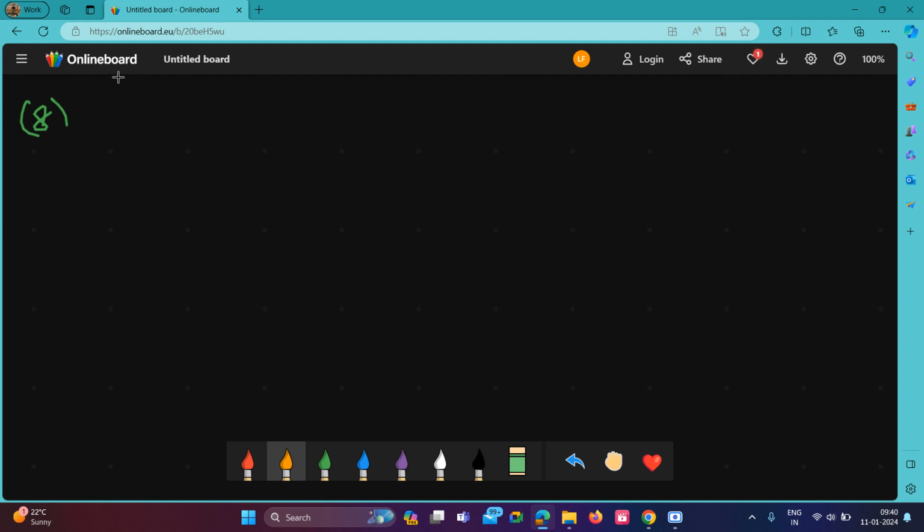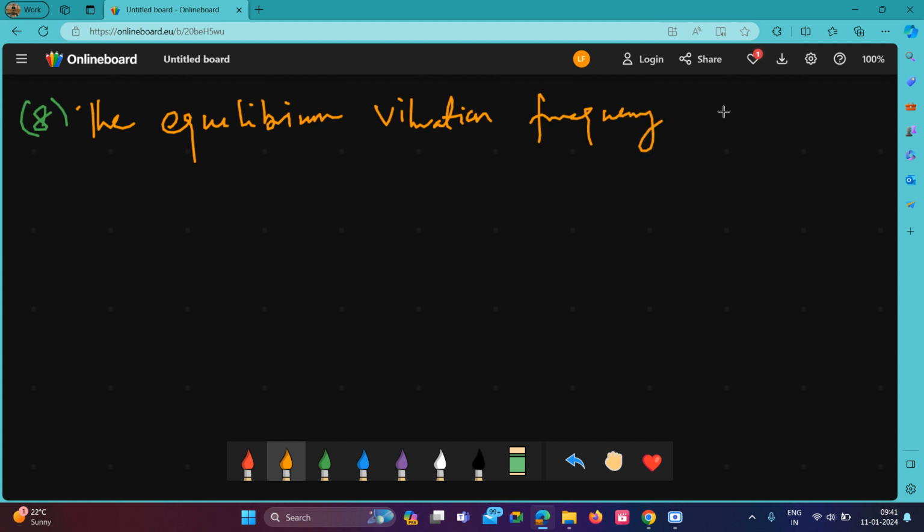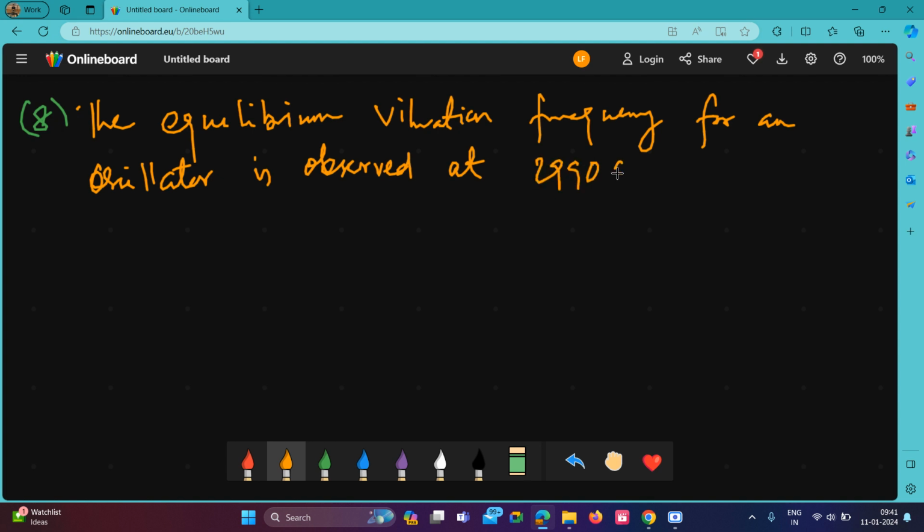Question number 8 is: the equilibrium vibration frequency for an oscillator is observed at 2990 cm inverse.